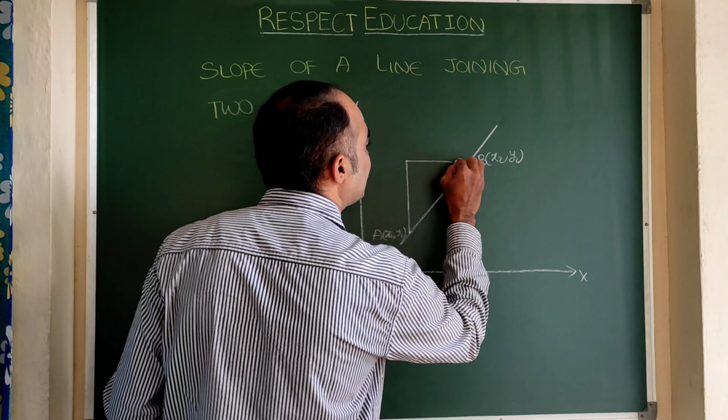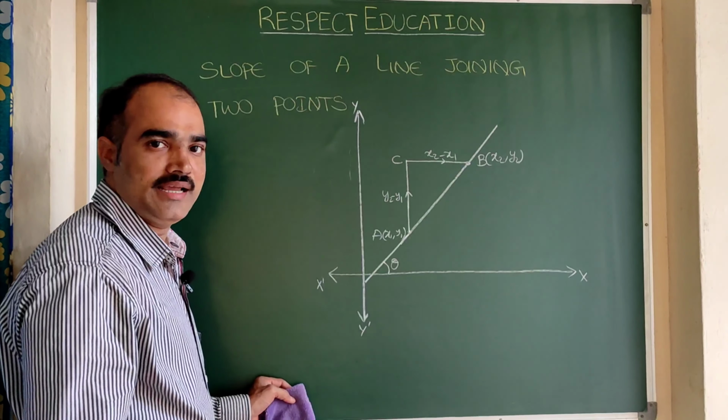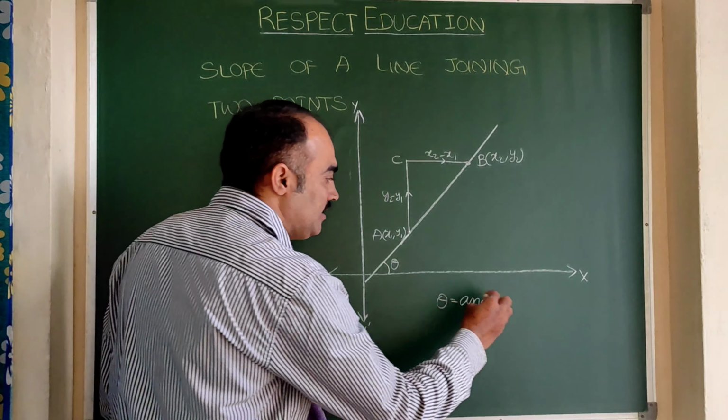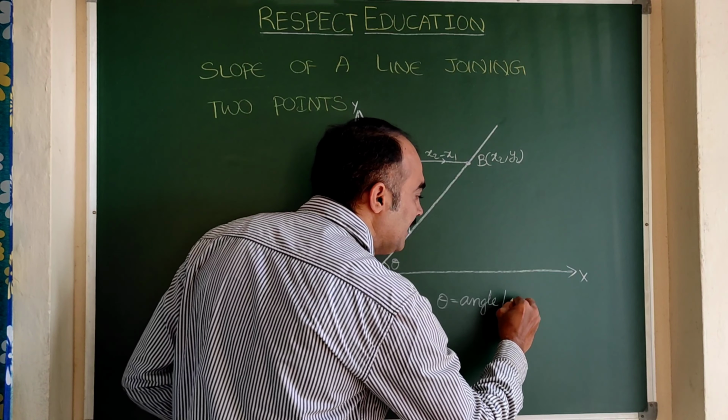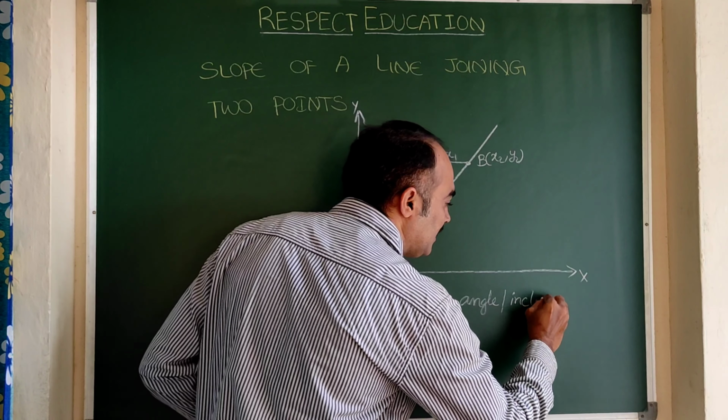That angle is denoted by theta. Here theta indicates the angle between the line and the positive x-axis. It is also called inclination. Right.